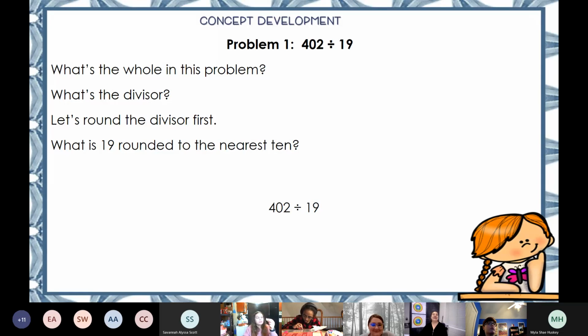Let's look at this first example together. I have 402 divided by 19, okay? What is the whole number in this problem? Which one of these is the whole number? Is it 402 or is it 19? We should be looking on our Teams screen to see what Ms. Peters is sharing.